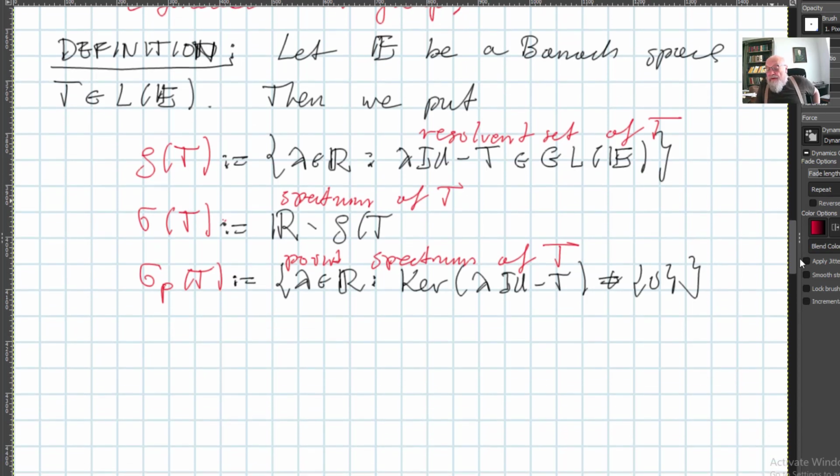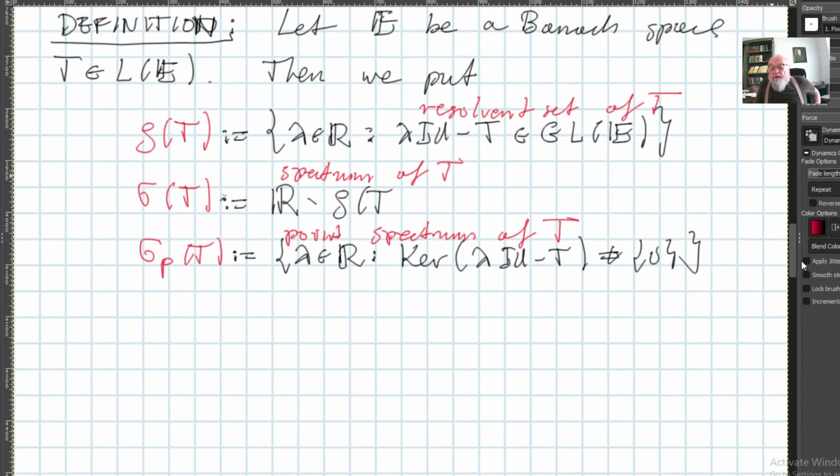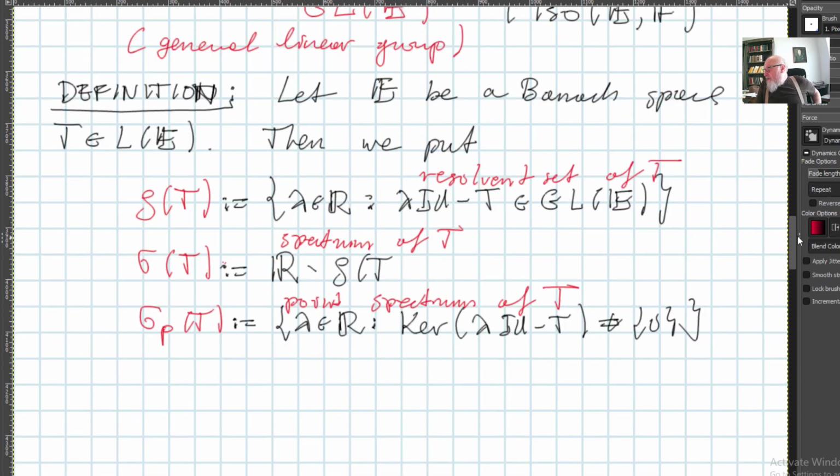So we have a couple of statements, and maybe we start with the properties. Notice this. Okay, proposition.